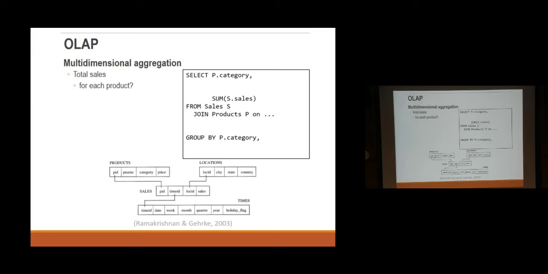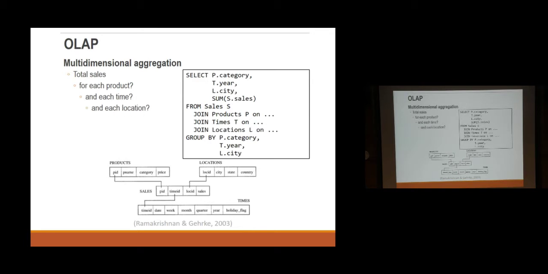If I want to narrow down, now I have to join with this, and then I need to group by. So I need to do the computation all over again. If I want to narrow it down further, for each product and for each time, again I repeat the entire computation now with a join. So it is going to be very, very expensive to compute. And then I can do one more.